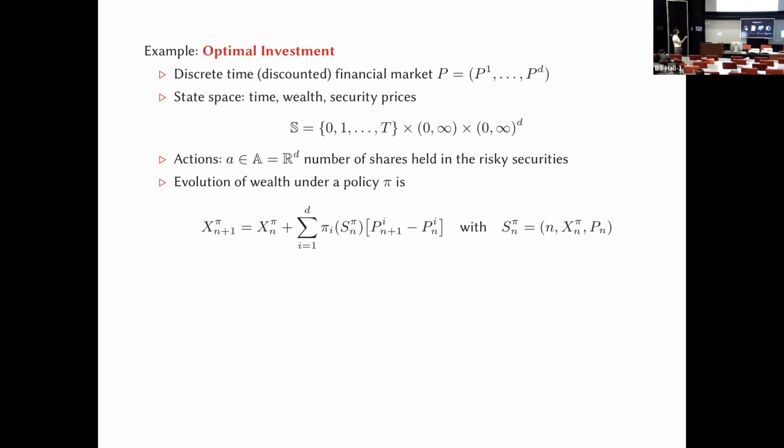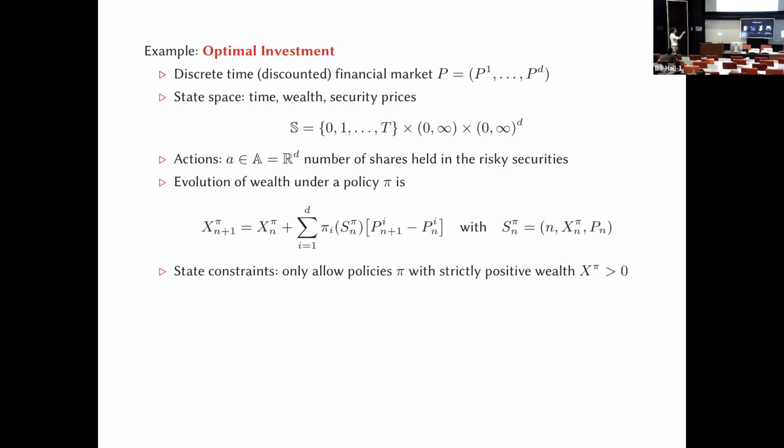My wealth at time n+1 is my wealth the time instant before, plus profits and losses from trading: the increment of the price multiplied by how many shares I hold. This is my policy, you see it, pi. And I plug in the state, which is current time, current wealth, and prices. These are the decision variables I have at hand, on which I can base my decision.